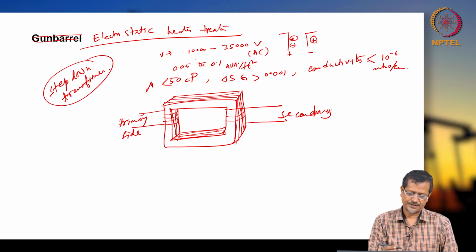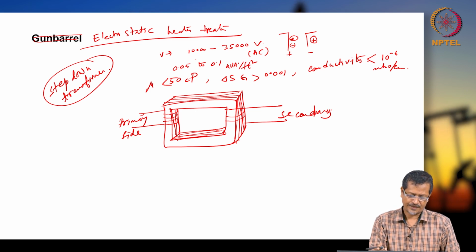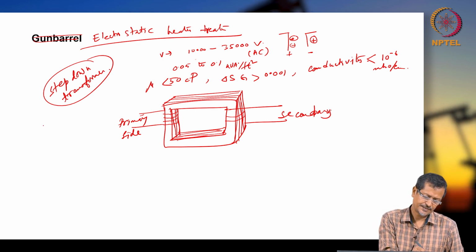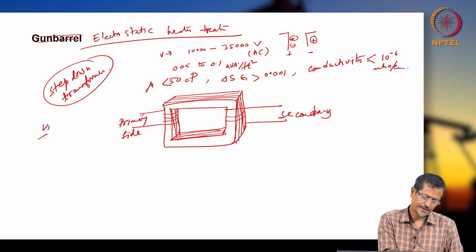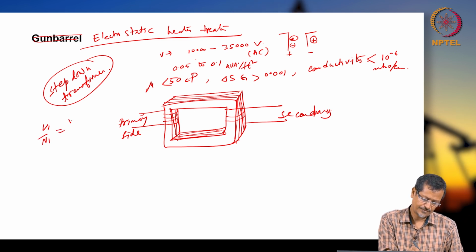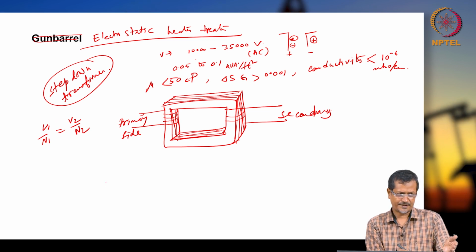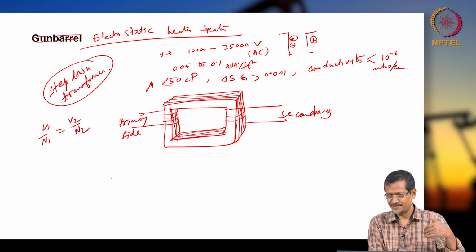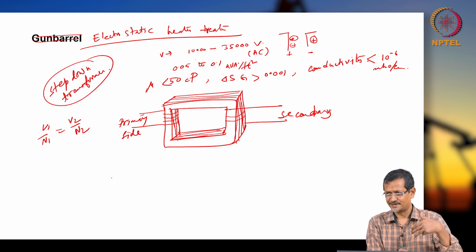Now the voltage and turns relationship is V1 by N1 equals V2 by N2. This is the formula: voltage in primary divided by turns in primary equals voltage in secondary divided by turns in secondary.